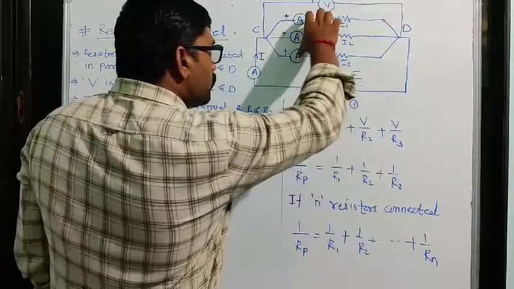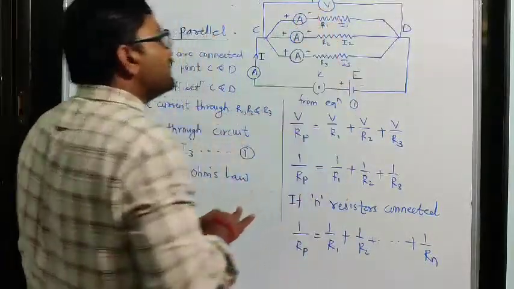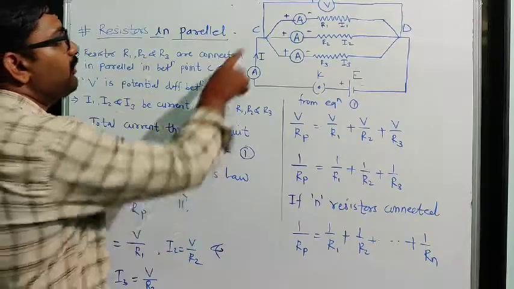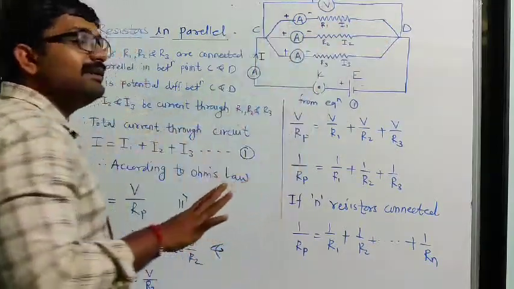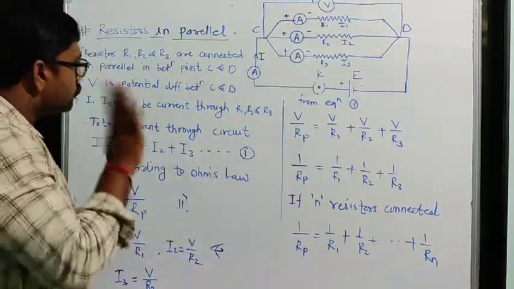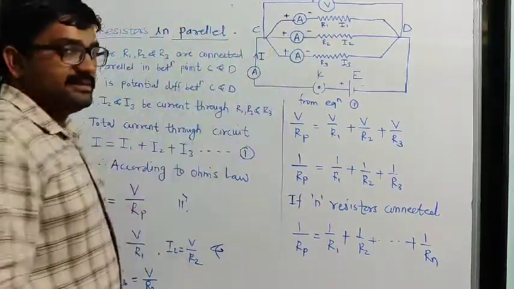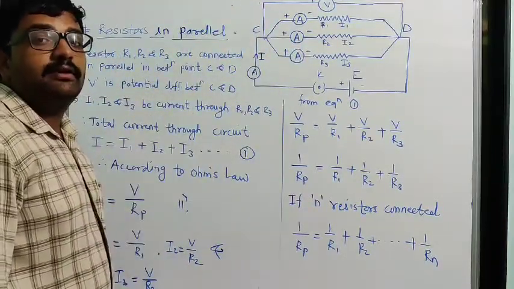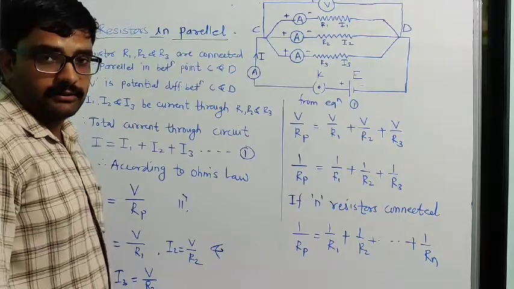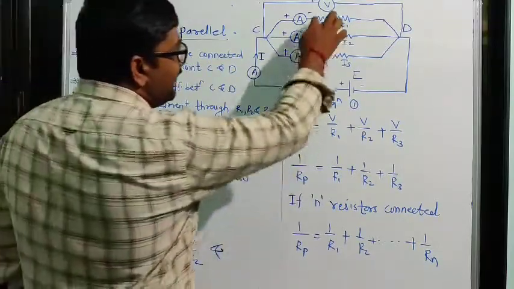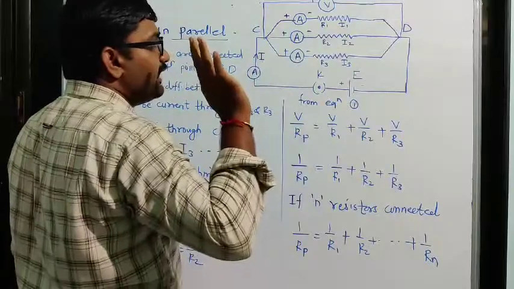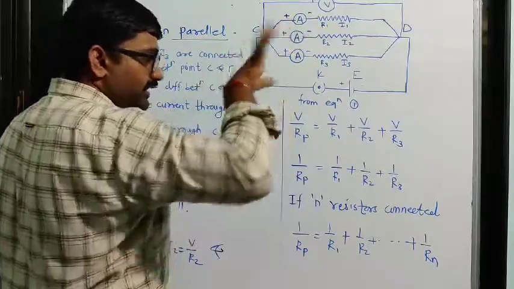So these three resistors are connected between points C and D separately. Whatever current flows through each resistor will be different, because these three resistors are connected by separate connections.